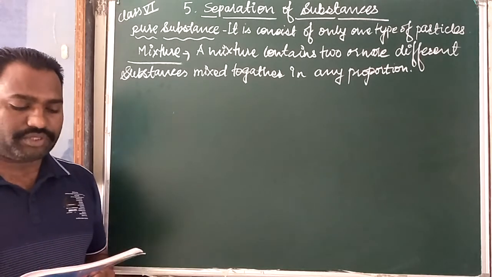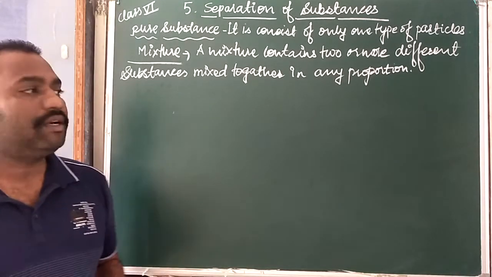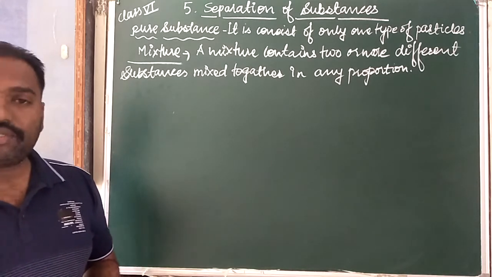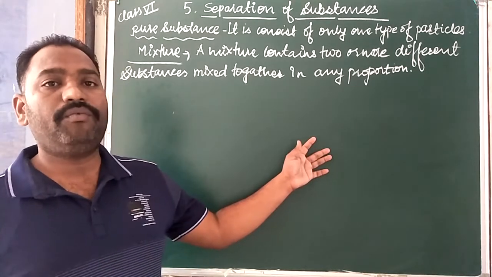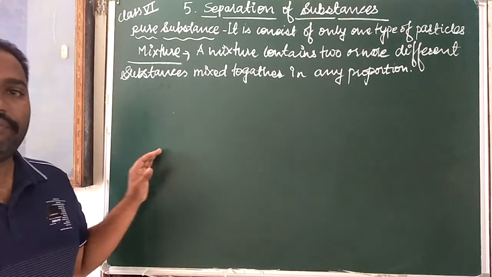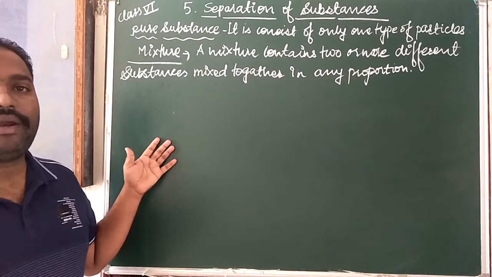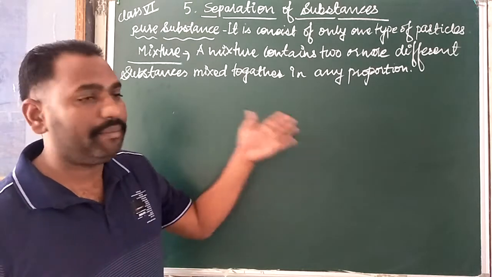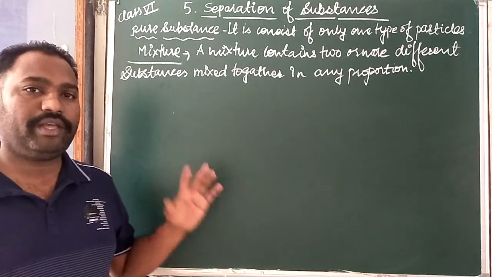Sometimes we are not able to see the constituents of a mixture. For example, when some salt or some sugar is dissolved in water, after some time and stirring, the particles just disappear because they are already mixed up, and now we cannot identify where the salt is or where the sugar is.